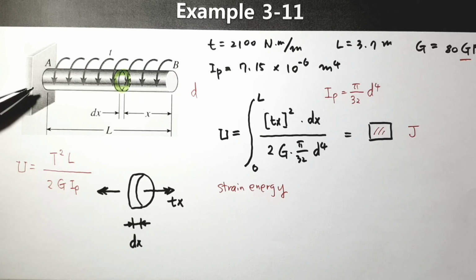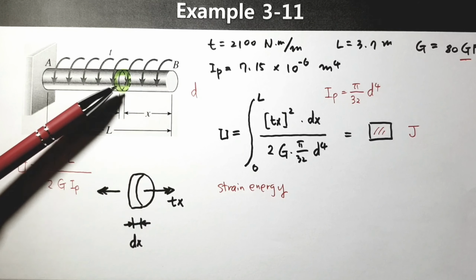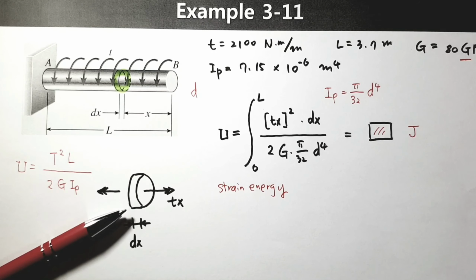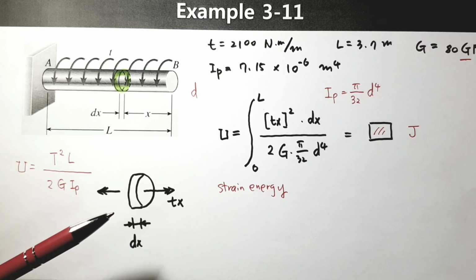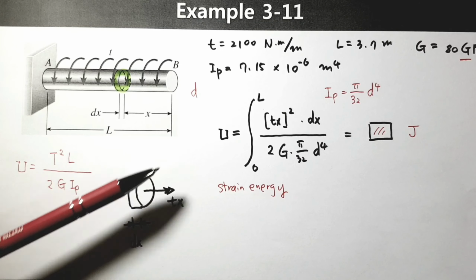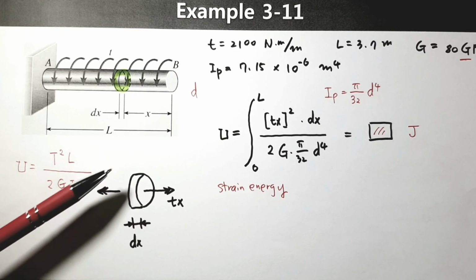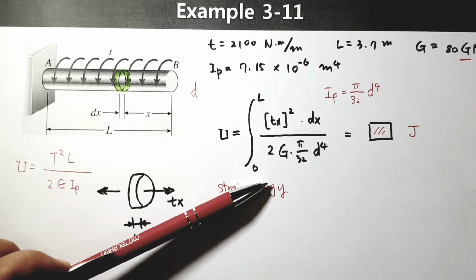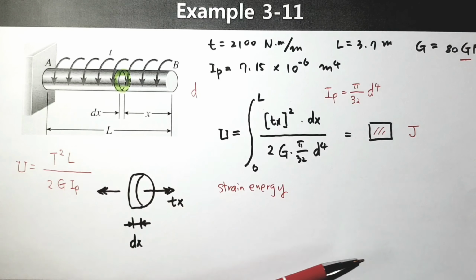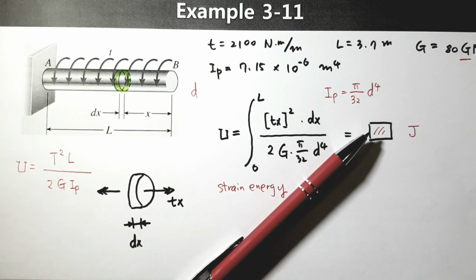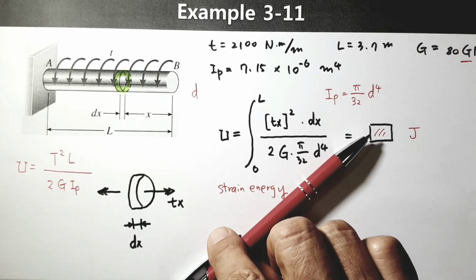Then we introduced a small infinitesimal element, dx, and maybe its diameter is d, and the acting torque is Tx. Then when you apply this to the formula and take the integral, you can finally find the strain energy for this example.